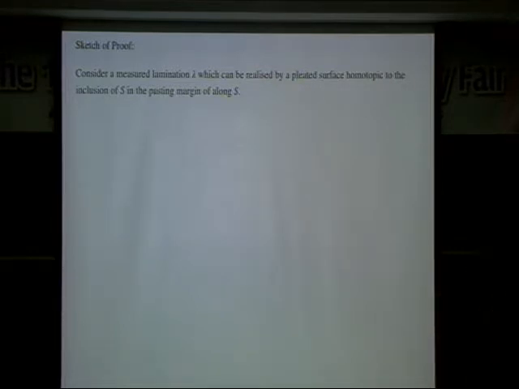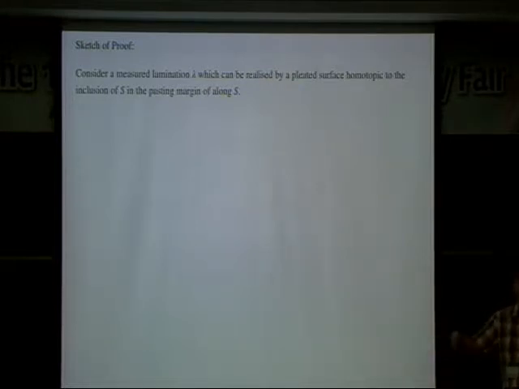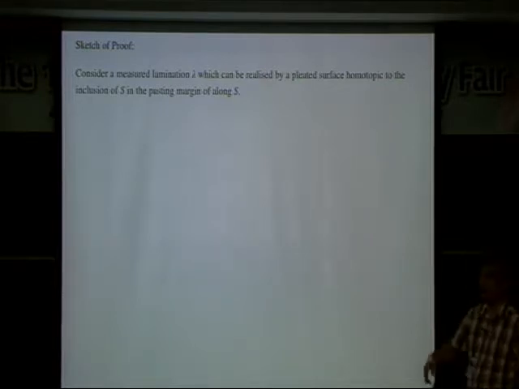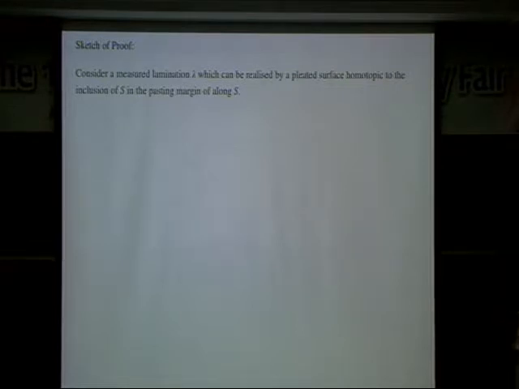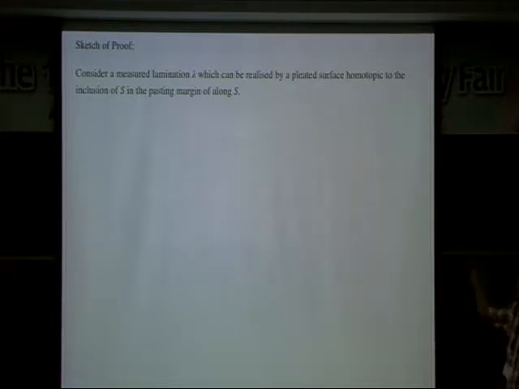When you consider the Heegaard splitting or n-bridge decomposition, you have a surface S along which two handle bodies are pasted, or along which two tangle complements are pasted. You take some measured lamination on that surface such that there is a realization of that measured lamination by a pleated surface.